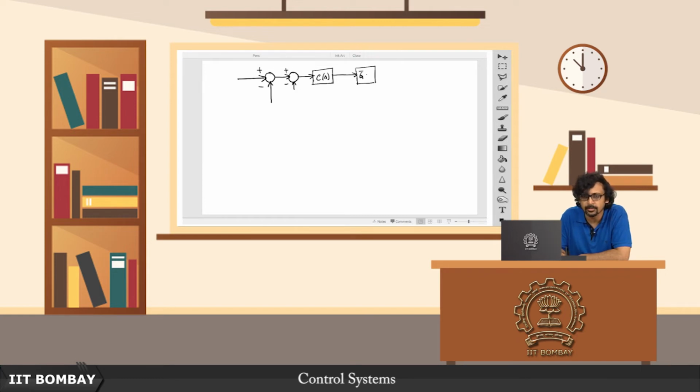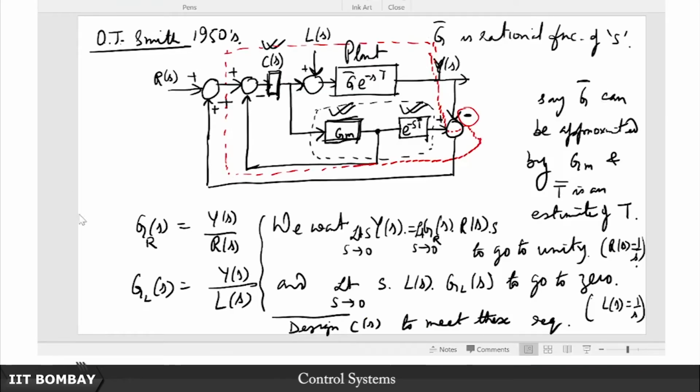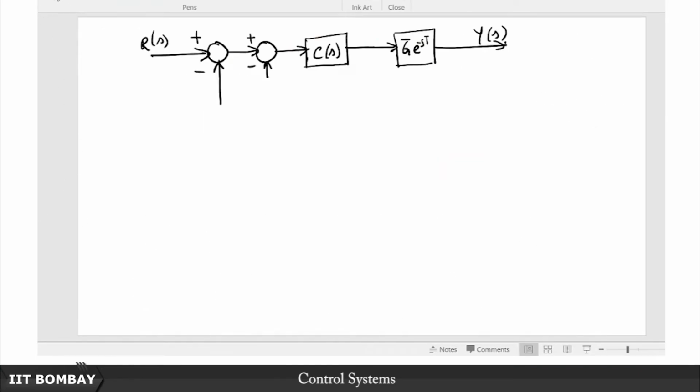So, this is of course the plant, G-bar e to the minus s tau, this is Y, this is R. So, this is a nice place to flex your block diagram reduction muscles, okay.